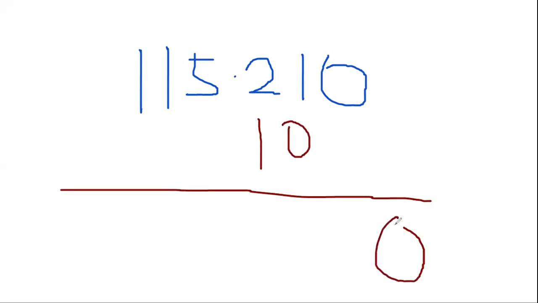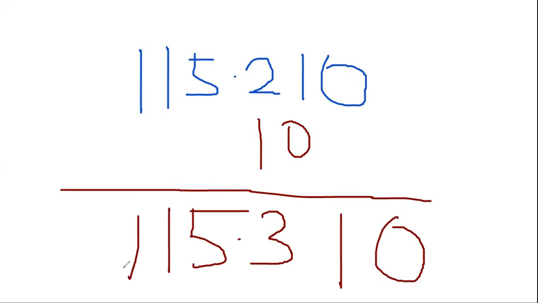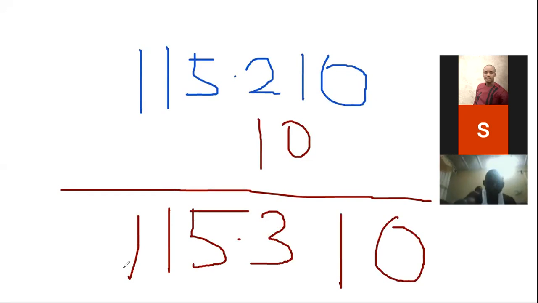So this should be 0, 1, so it becomes 115.310. You see this. So I successfully added 10 pips to that yen pair. So that is that about addition of pips to exchange rate. I repeat, that is that about addition of pips to exchange rate.